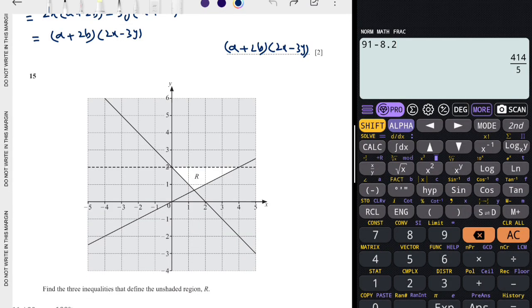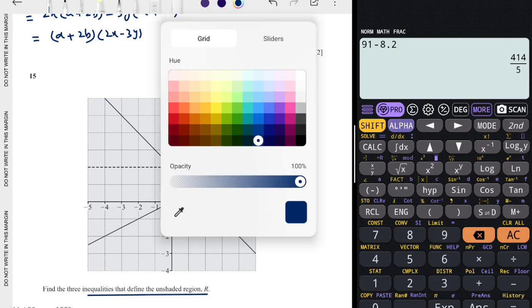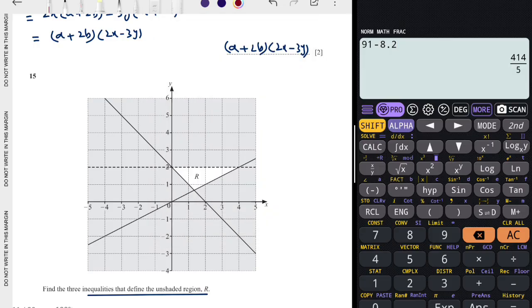Question number 15. Find the three inequalities that define the unshaded region R. A very important question. So first of all, we have to find three inequalities. The first one is given, that is in dotted line.